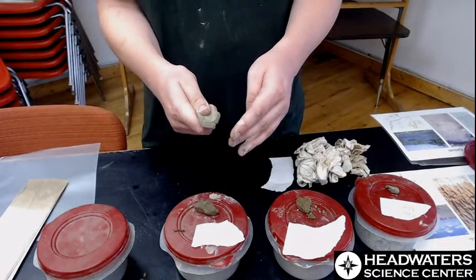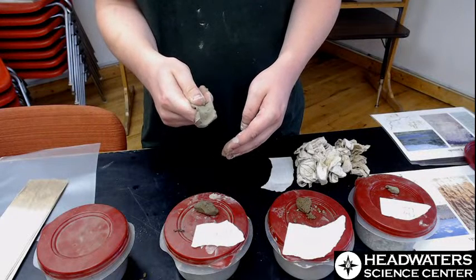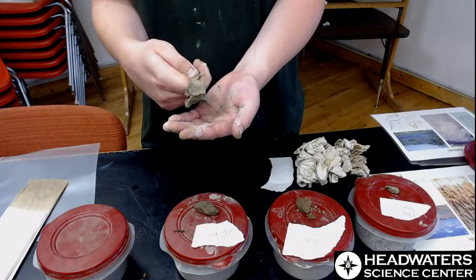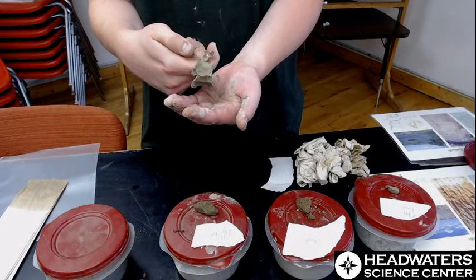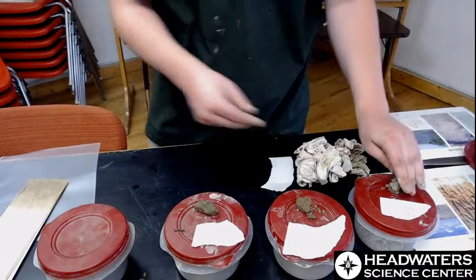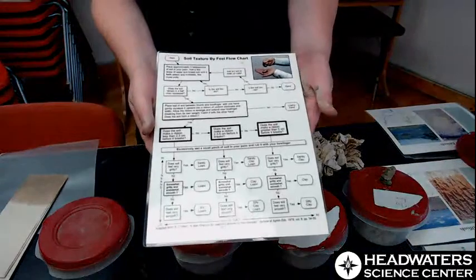Squeeze it forward, just let it edge forward. And you can see this ribbon is extending out quite far before it decides to break. Now, with that in mind, I can look at my handy chart here, which I'll let you look at for a moment.